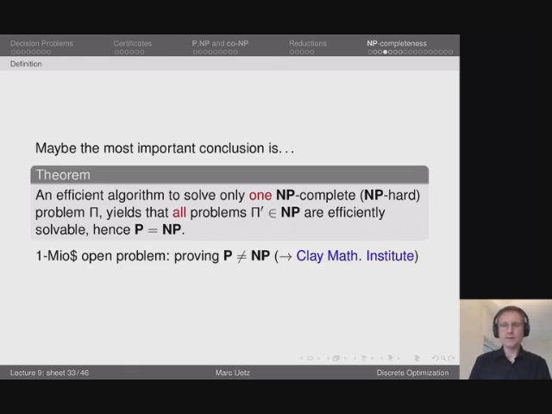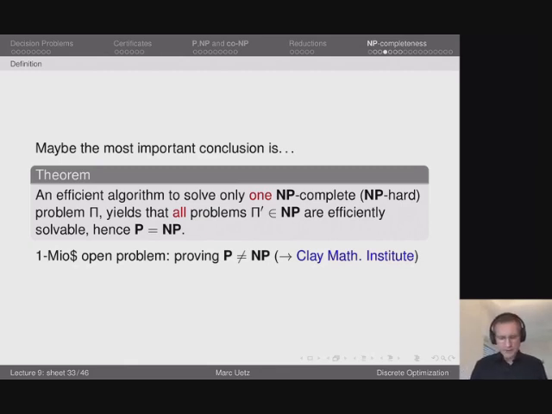He has collected some of these papers and some of the false proofs. But if you think you have solved the problem, you should probably submit your solution to the Clay Mathematics Institute to claim your $1 million. And I wish you good luck with doing that.